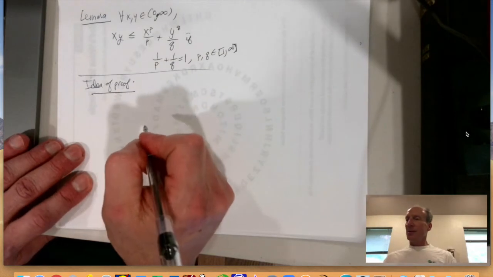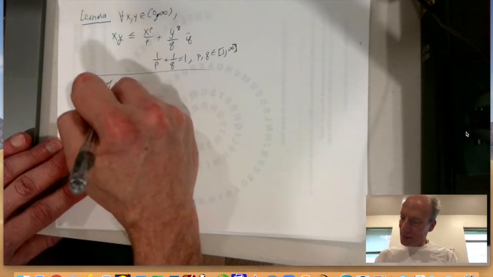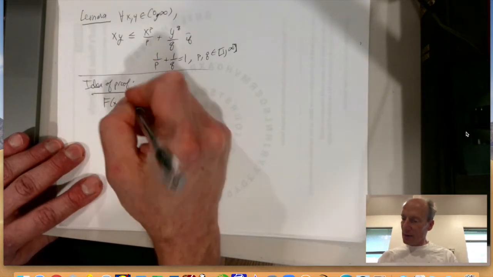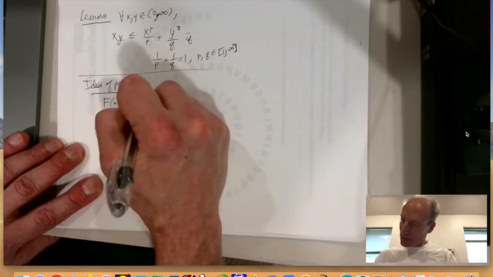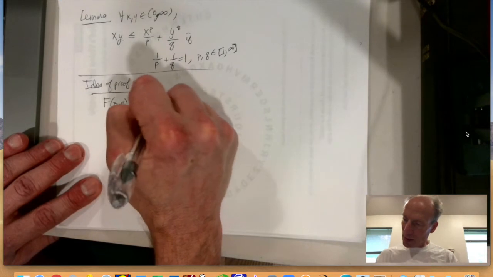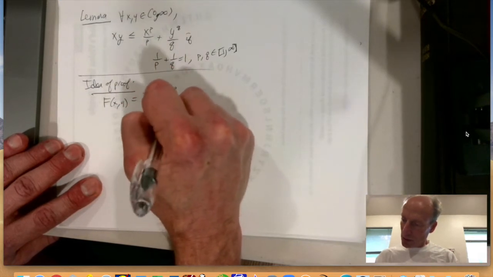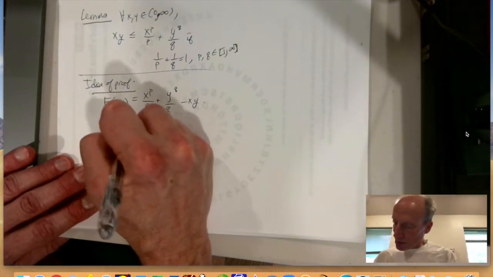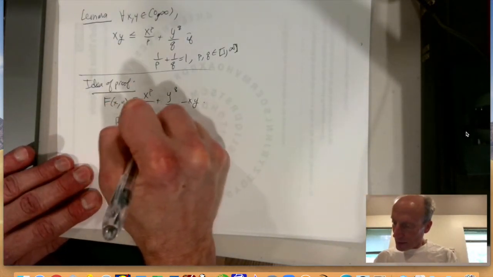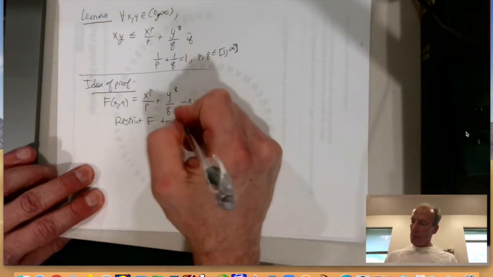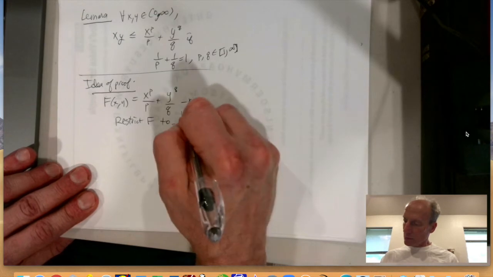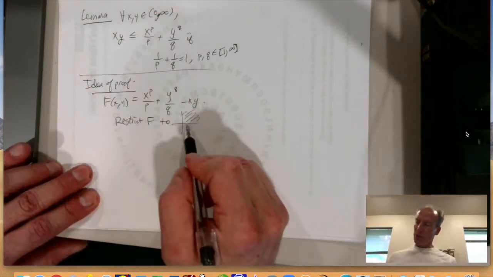Well, look at this function of two variables where you take this side minus that side. So it'd be x to the p over p plus y to the q over q minus xy. And restrict f to this area, the first quadrant.